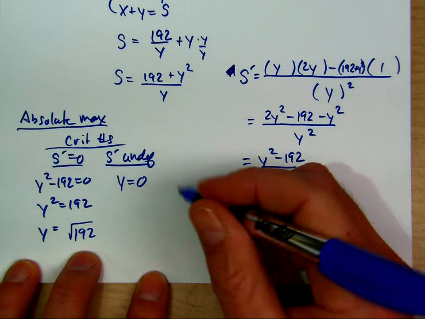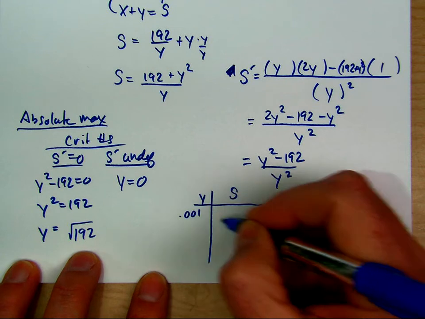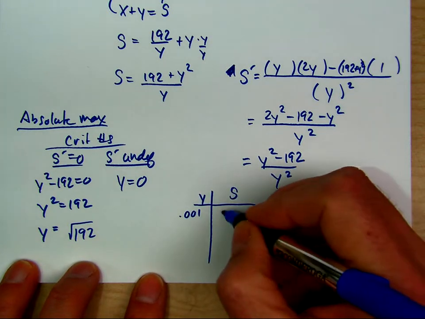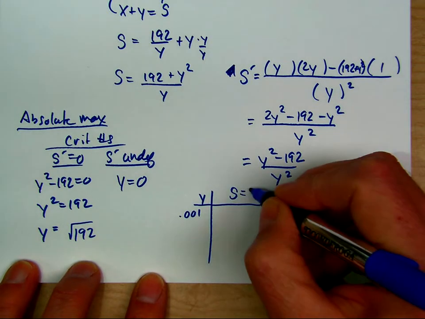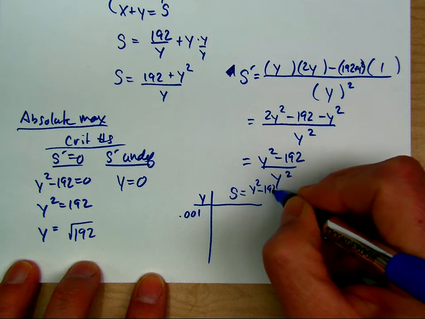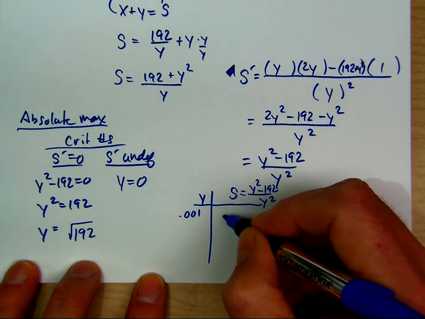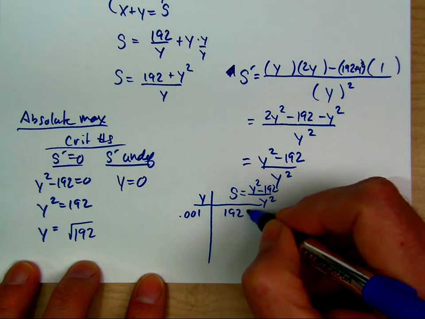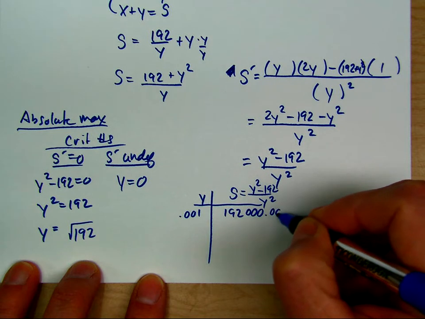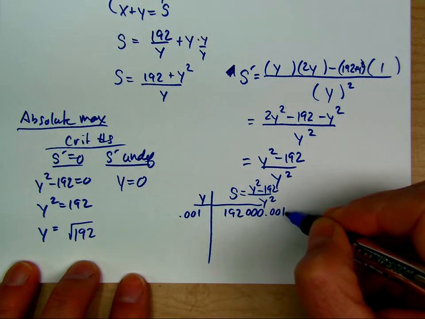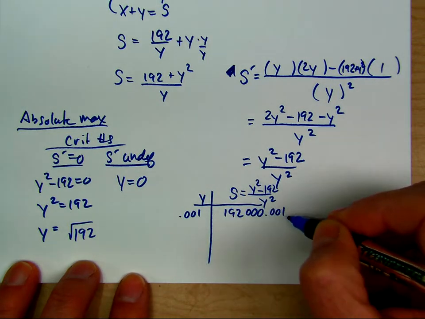But if we just use a very small number, we can see that when we plug that into this, y squared minus 192 over y squared, this is going to be a very large number. So we want a minimum sum, and this is giving us a, sorry, let's correct that.